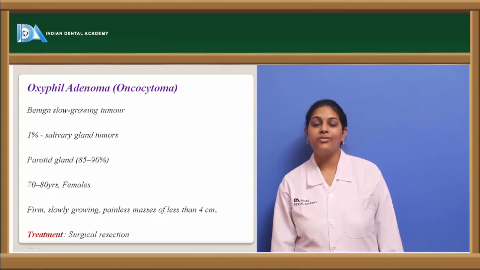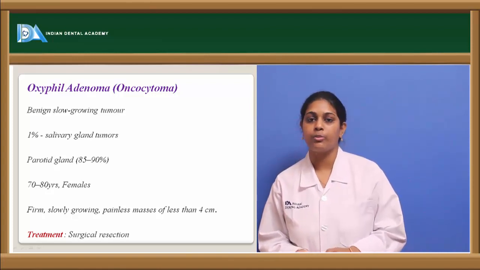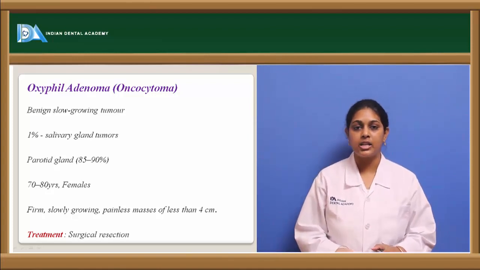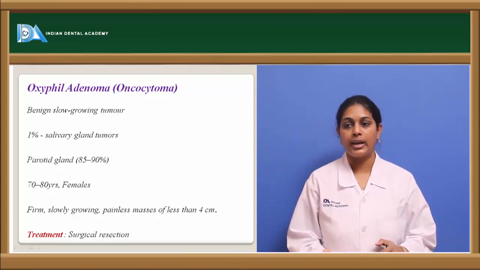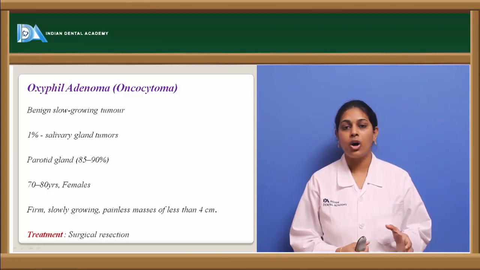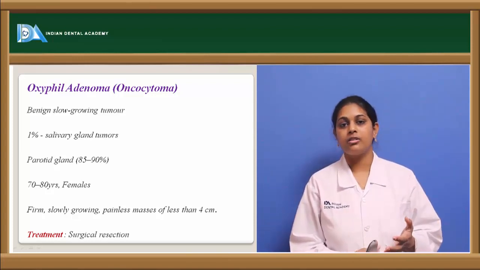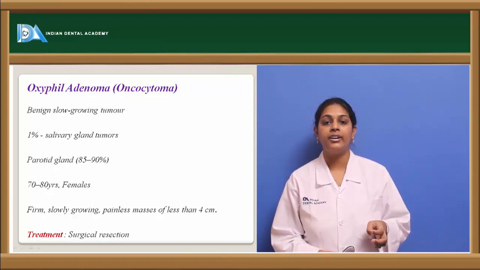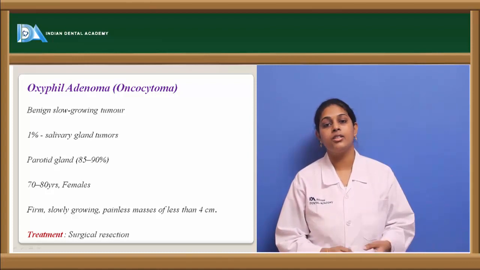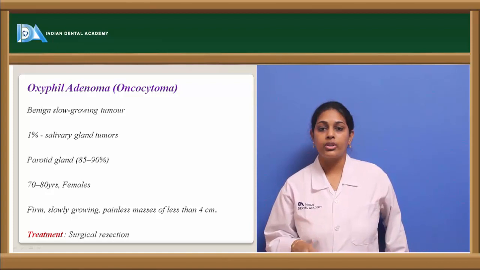And usually in oxyphilic adenoma, also known as oncocytoma, the patient might present with a firm, slow growing tumor or swelling. On palpation and from the patient's history, it is a painless mass which is slowly growing in nature, and usually this tumor grows to a maximum of 4 centimeters or below.